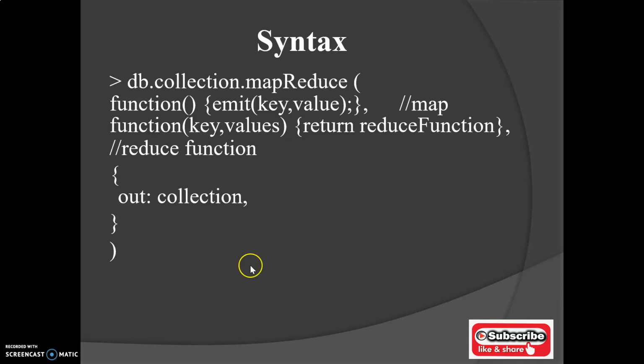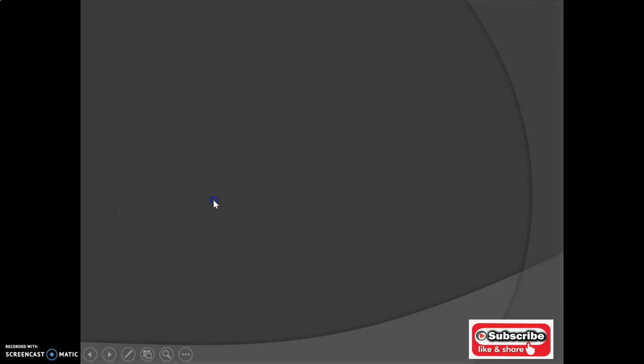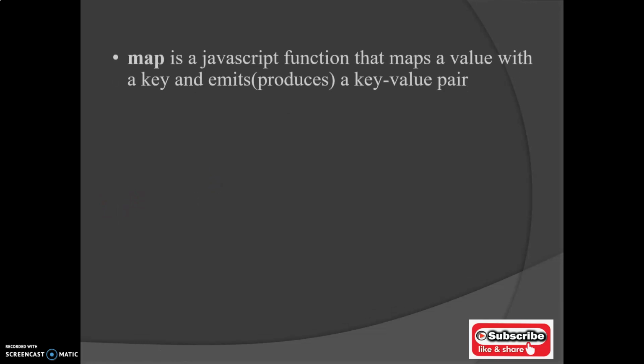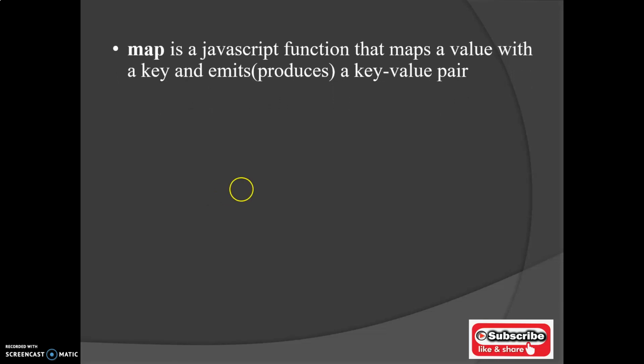That is nothing but reduce function. And whatever we are executing for that map reduce function, that result will be stored into another collection. For that we are using out colon collection. That is nothing but out and then collection, the collection in which we are storing the result.